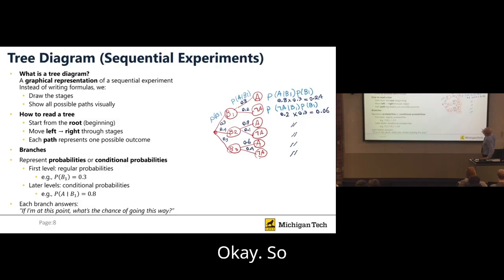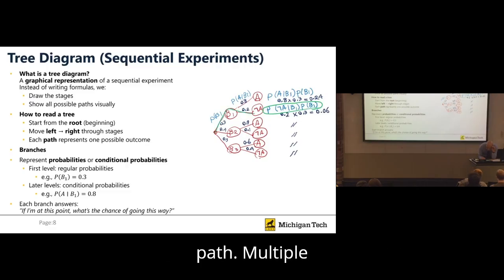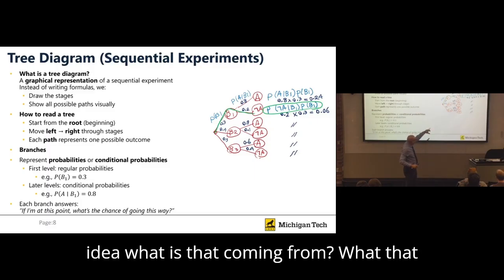Okay, so I ask you, what is this? What is this one? That's the leaves for which path? This path. We have multiple paths. Any idea what that is coming from? What that means?